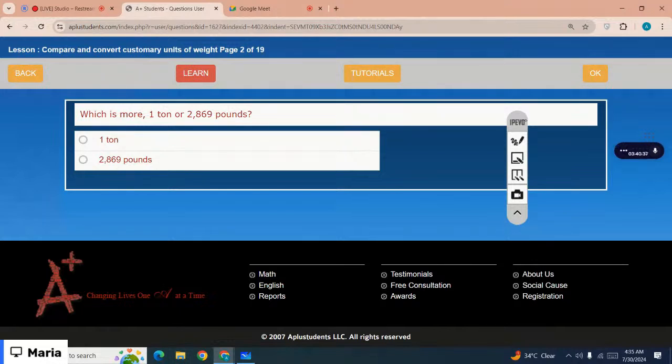The correct option is 1 ton. Option number 2 is the correct option.